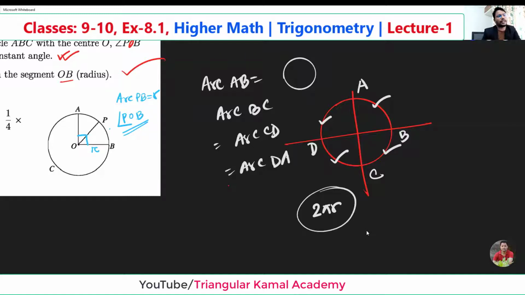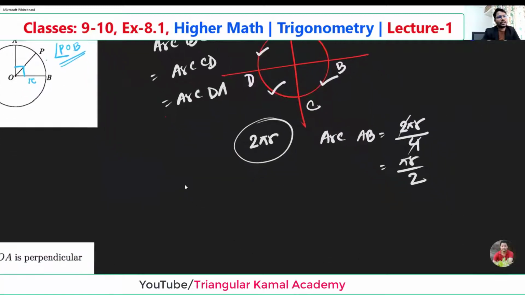AB is 1/4 part of the whole circle, so arc AB will be the circumference divided by 4. After doing the calculation, we get pi r by 2. So arc AB is equal to pi r by 2.